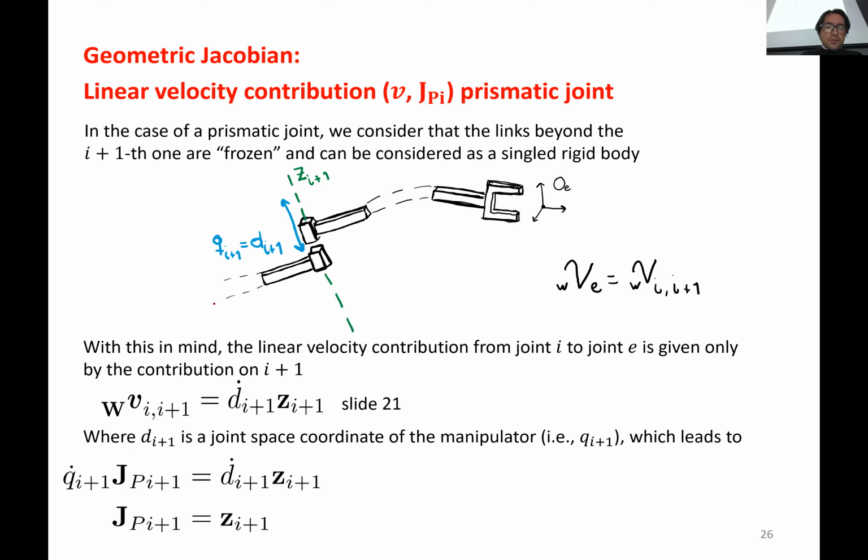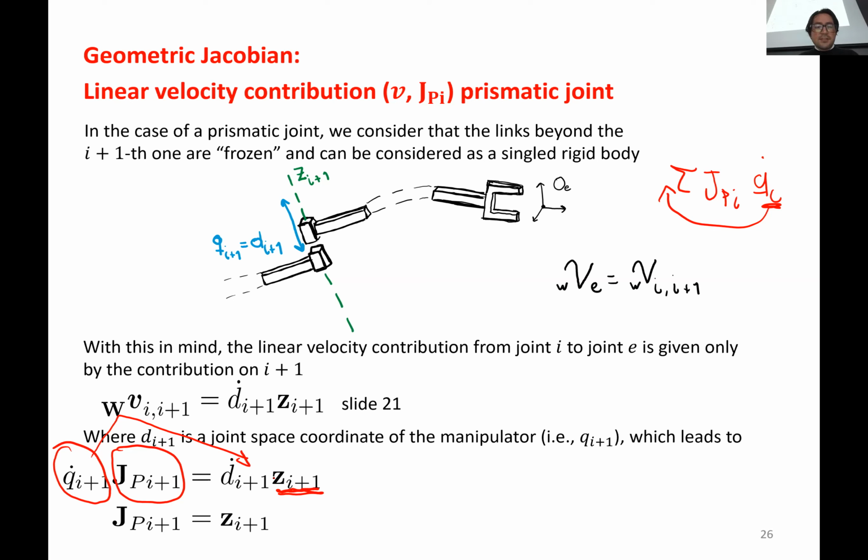If we equate that this is our joint space variable, and we want to obtain the expression related to the Jacobian, remember that our summation is something like Jpi times qi dot, but this is a scalar, so we can move it wherever we want. That's why here I'm putting it on the left hand side. And this qi+1 is actually equal to the i+1, and what we end up with is that our Jacobian is basically the vector representing the axis of motion.